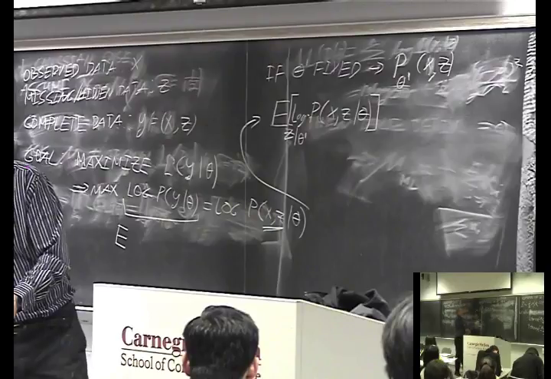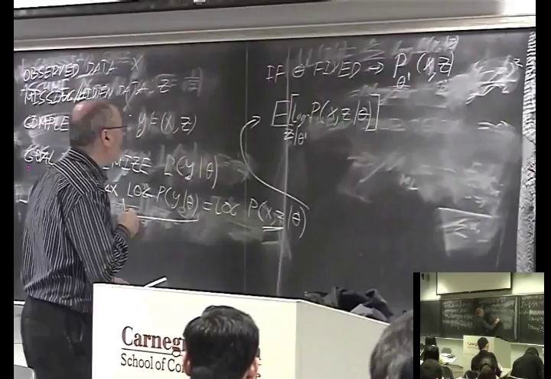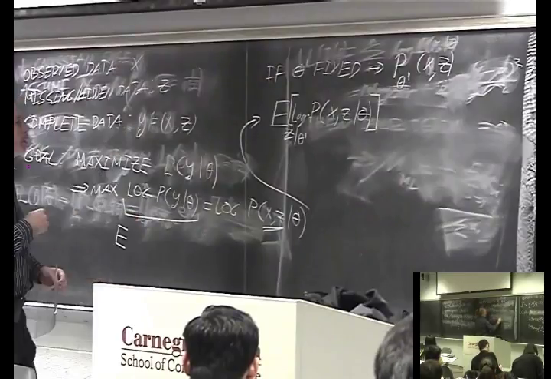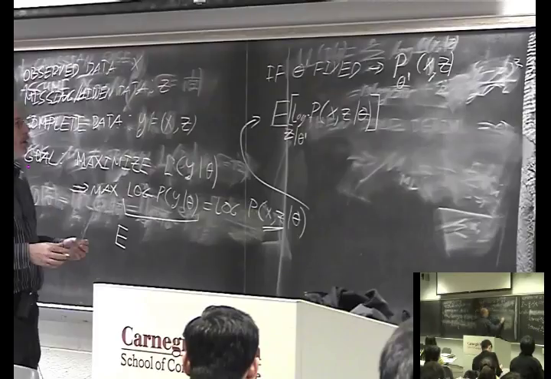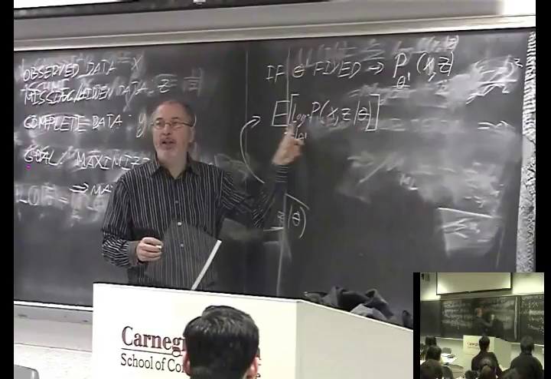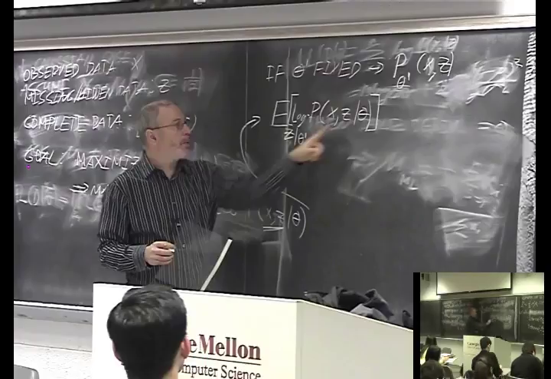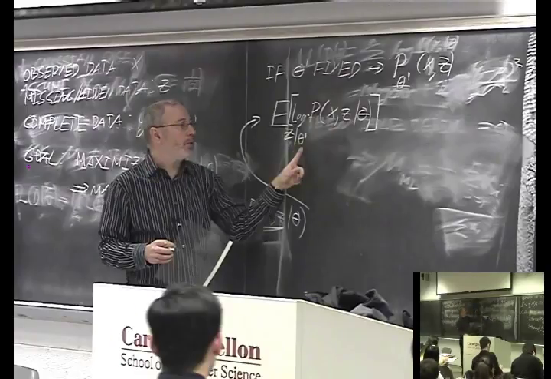This is often written as expectation of the log of P of x and z given theta, conditioned on the tentative theta. I wrote the same as here, I just made the dependence more explicit.